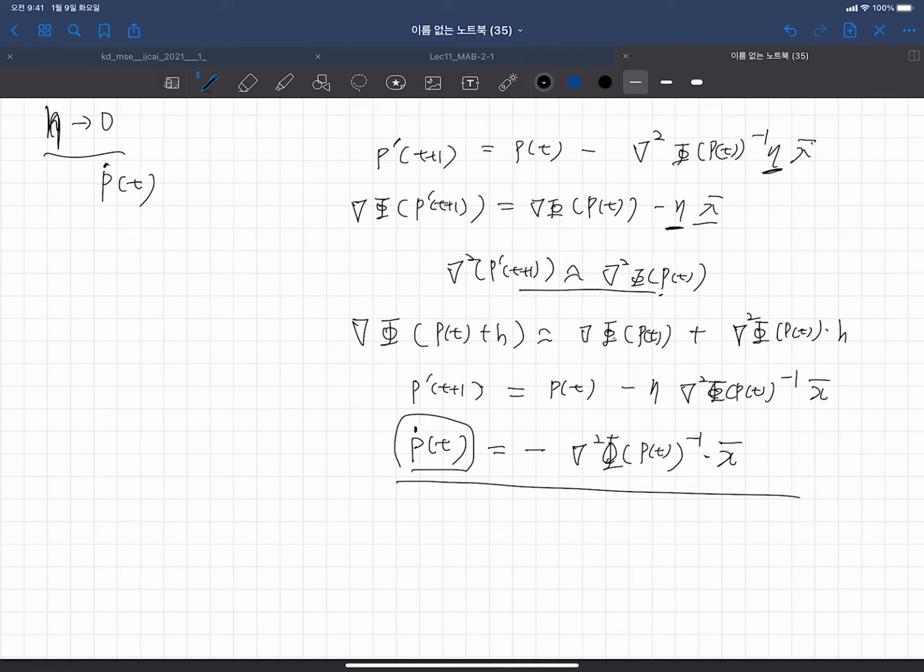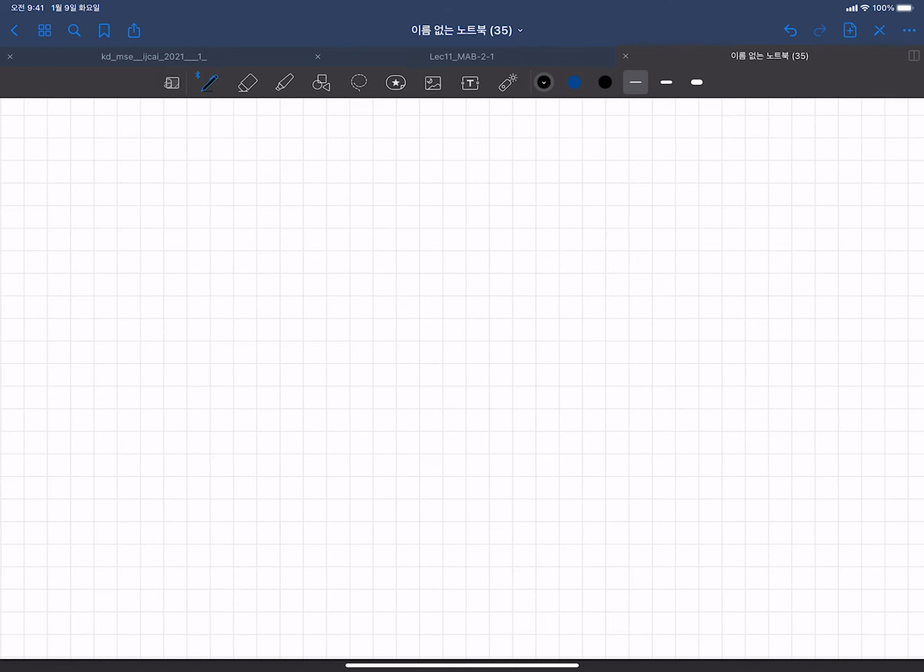Okay. So the main goal of our update rule is we want to make PT go to P star, if P star is the optimal point.